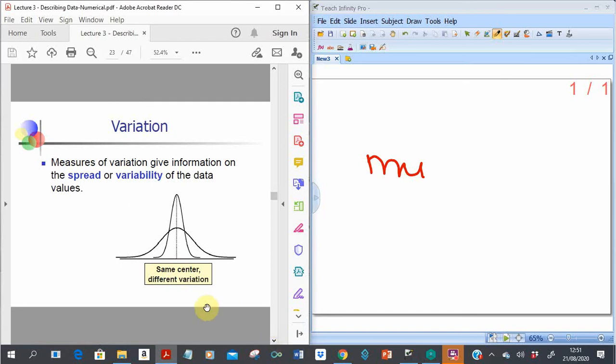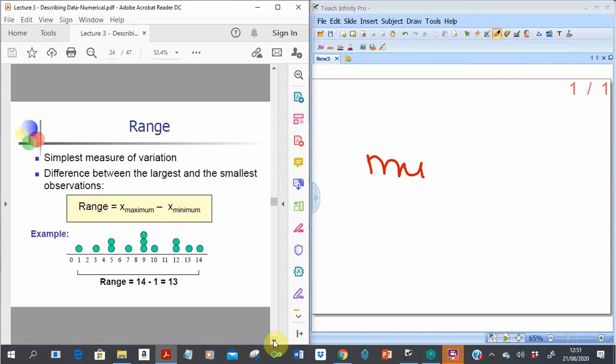You can see we have the same center but different variations. You can have the same mean, the same mode, but how does the data set vary?